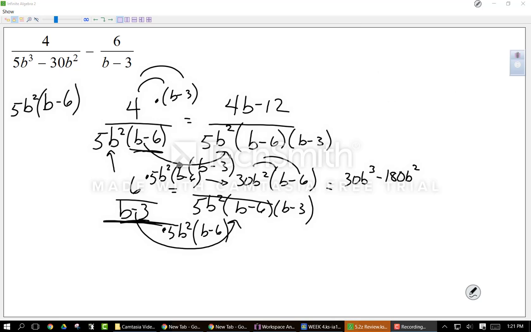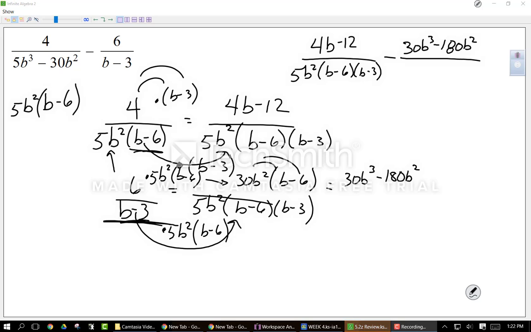So now I get 4b minus 12 over 5b squared times b minus 6 times b minus 3, minus 30b to the third minus 180b squared, over my same denominator, 5b squared times b minus 6 times b minus 3.